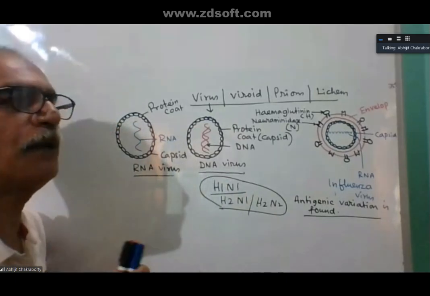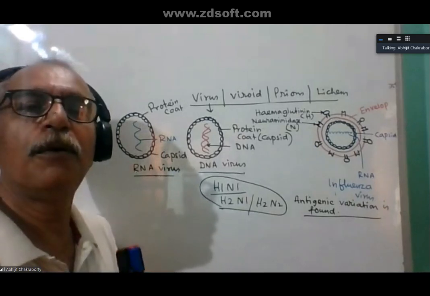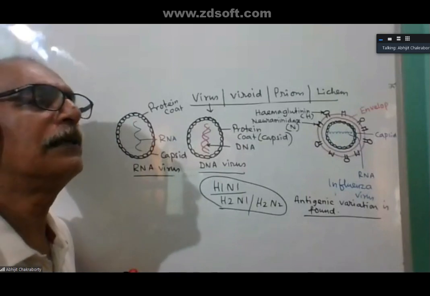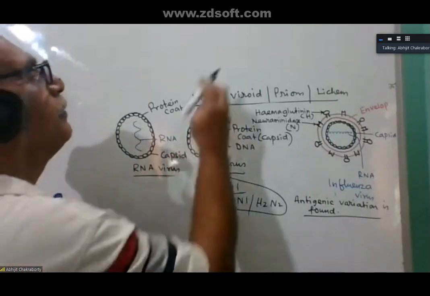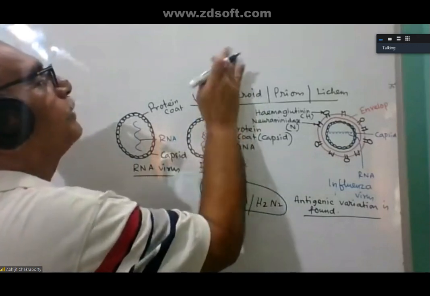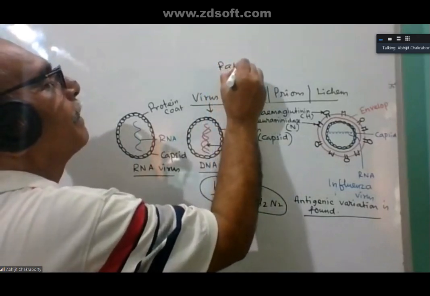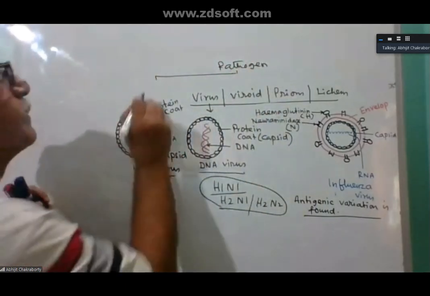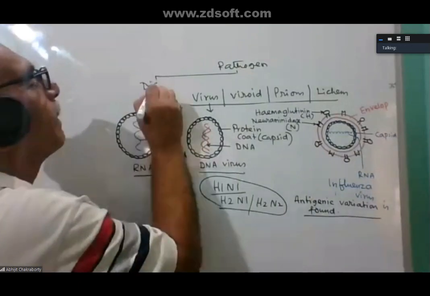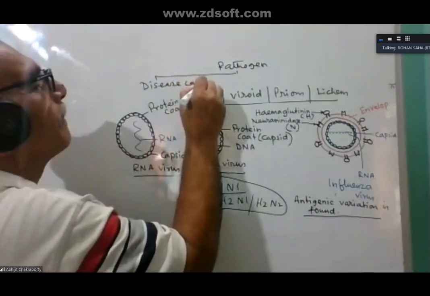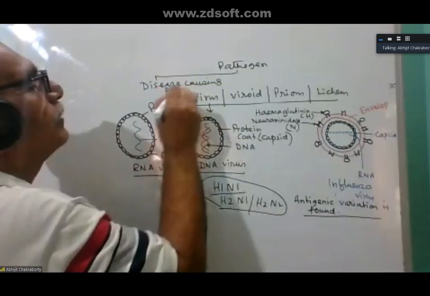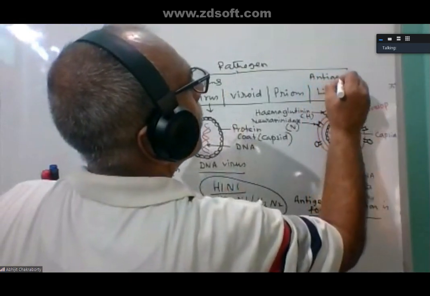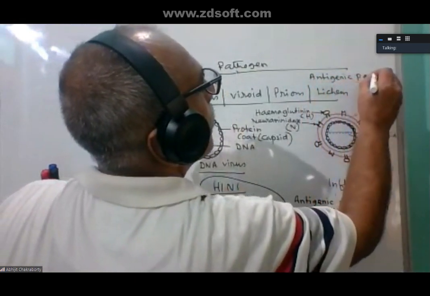Every viral particle or every pathogen has two parts. One is called the antigenic part, the other is called the disease causing part. Remember this thing, a pathogen has two parts: disease causing part and antigenic part.